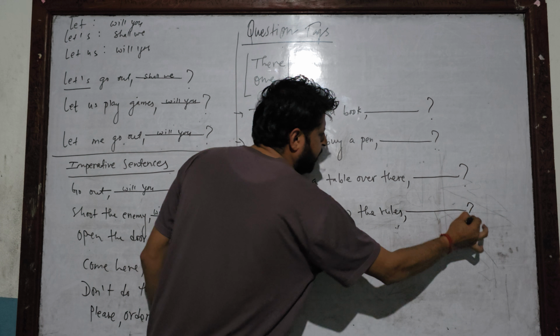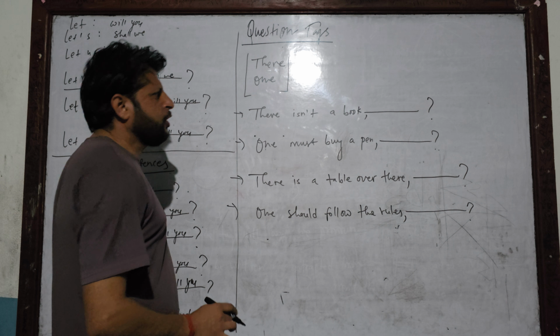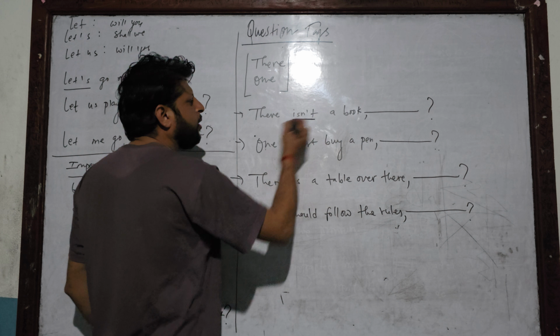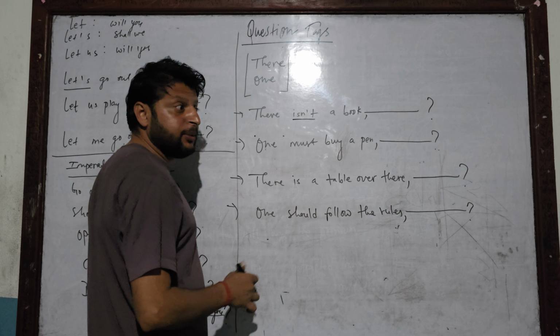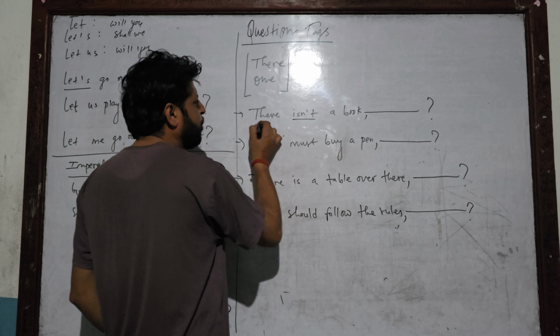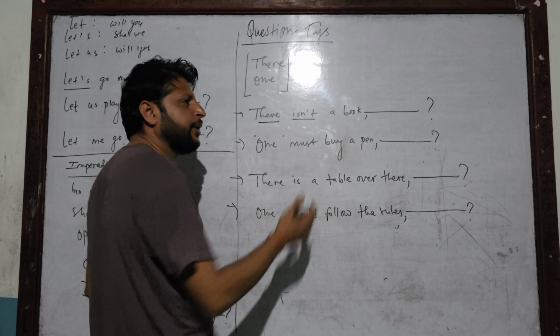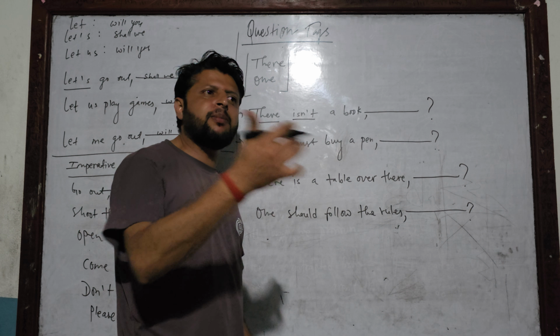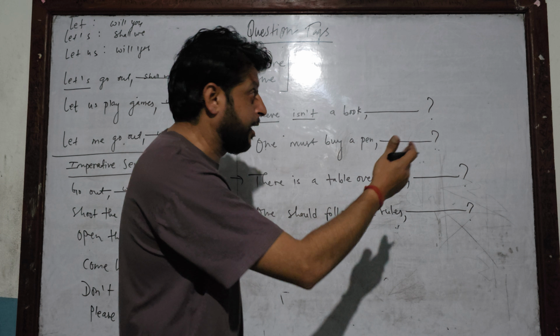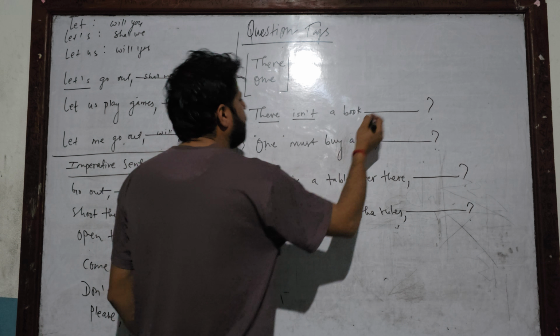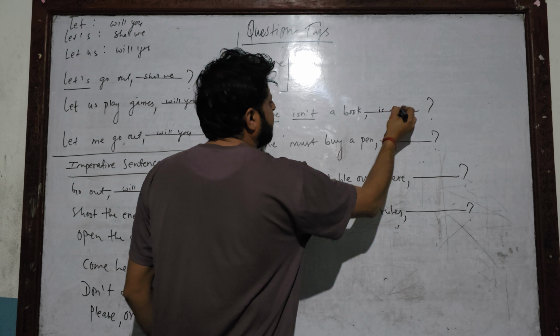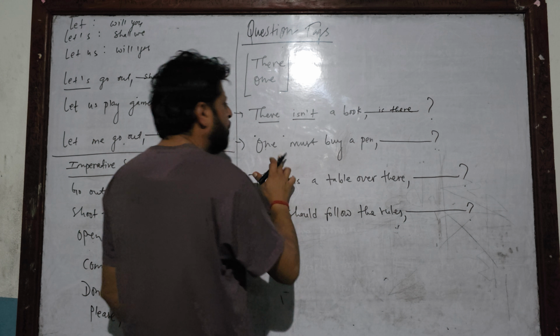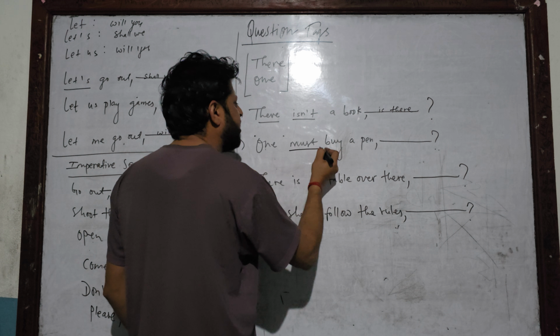So let's see here. There isn't a book. This is a negative one. So when there is a negative statement, make the tag positive. When there and one come as the subject at the beginning of a statement, we have to repeat them the same in the tag's latter side. There isn't a book. What do you write? Is there. One must buy a pen. What is the auxiliary verb?